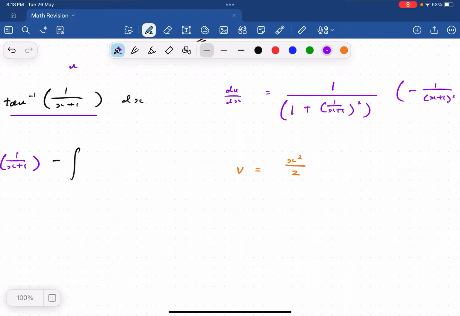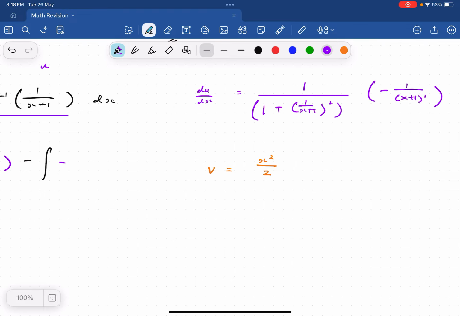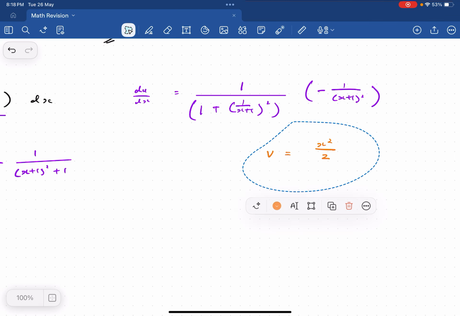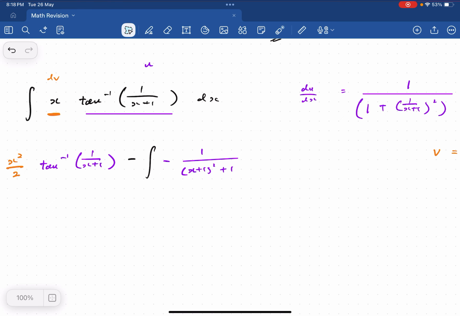It starts with a minus sign, and then I have 1 over x plus 1 squared plus 1. Did I clean that up correctly? I think I did, yeah. And then times x squared over 2. Yep.